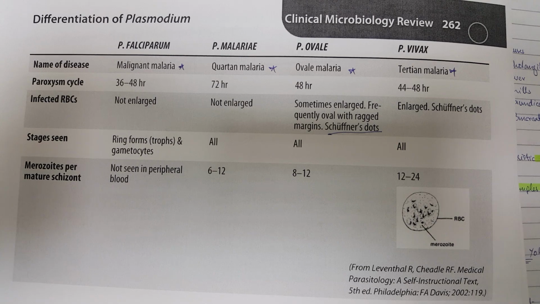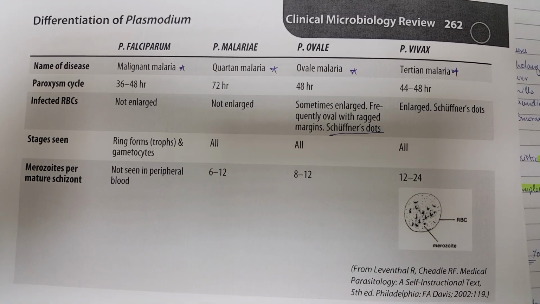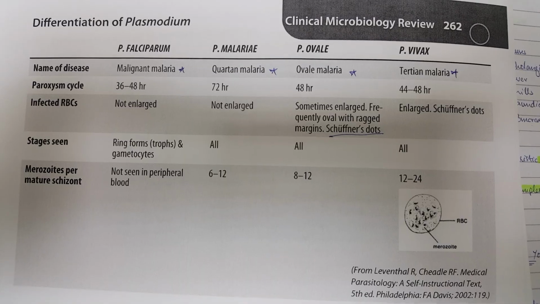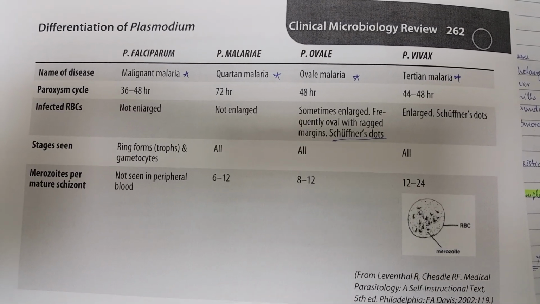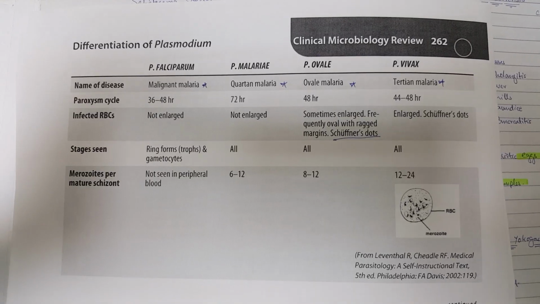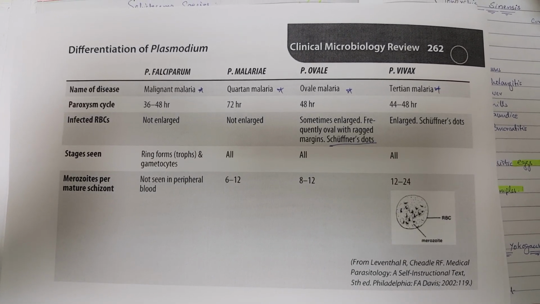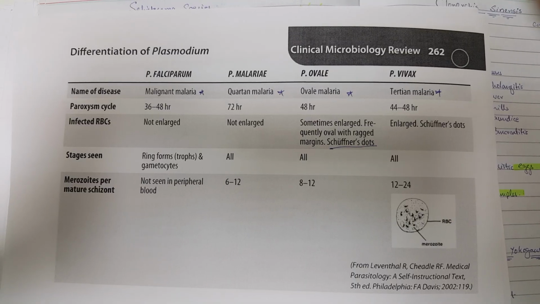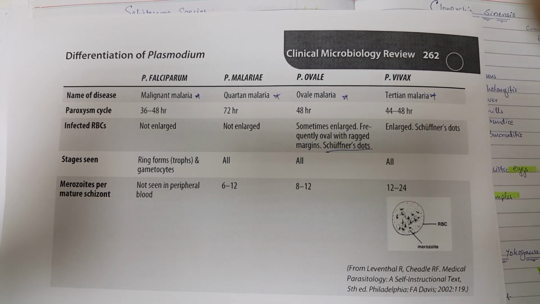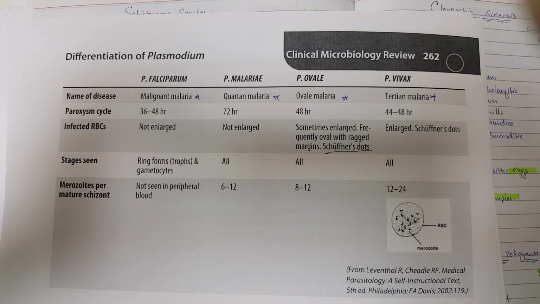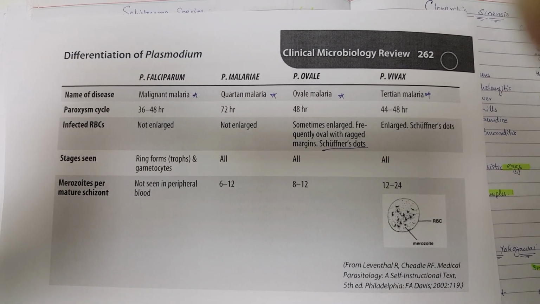RBCs are enlarged and sometimes frequently have ragged margins, and Schüffner dots are also there in ovale and vivax. The stages are ring form, trophozoite, and gametocytes in falciparum, while the schizont form is not there in falciparum. In malariae, ovale, and vivax, all forms are available.